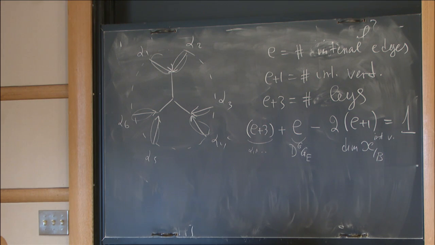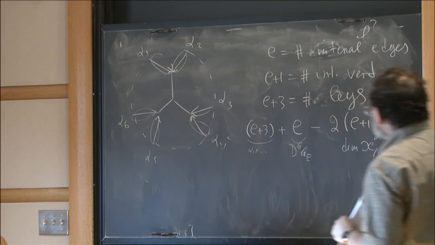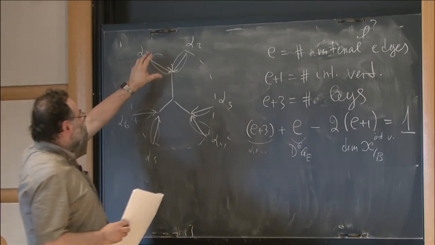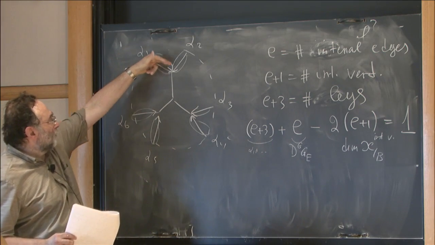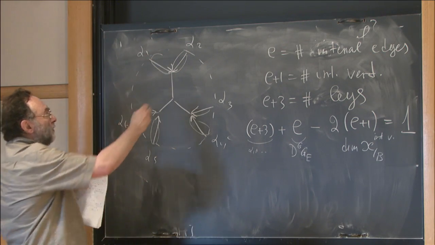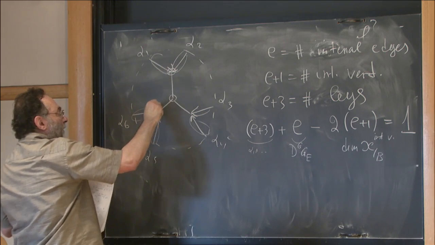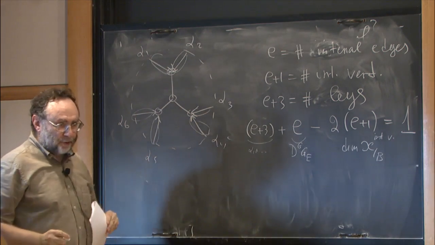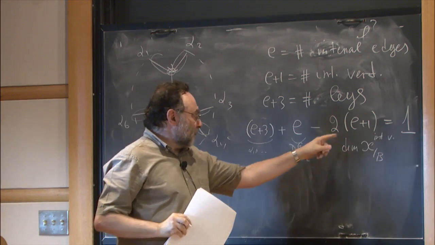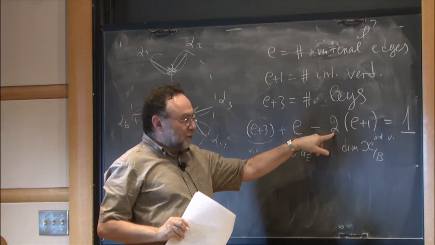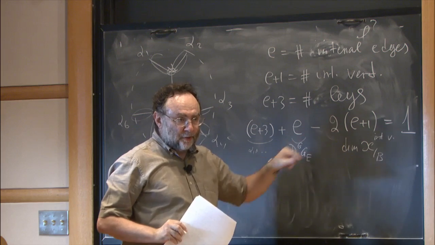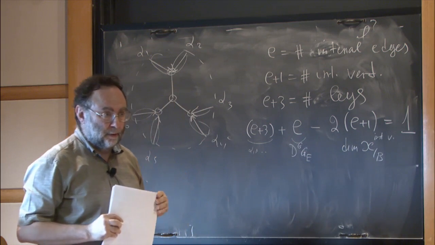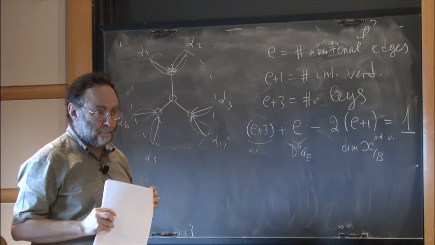Because the integration over external vertices is already incorporated in this picture, because I integrate over diagonals to pull it down to here. Then I still have to integrate over x raised to the power given by the number of internal vertices. The dimension of this is precisely 2, which is the real dimension of the curve, multiplied by the number of vertices, which is E plus 1.